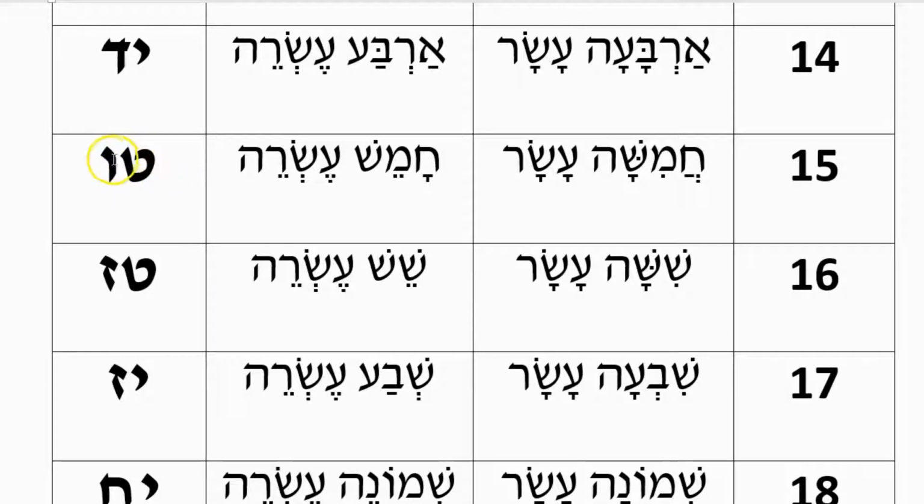Yud 10, Hey 5, that would be 15. However, the Yud and Hey are an independent name of God itself, but they're also part of the Tetragrammaton, the four-letter name of God, the special name of God in the Hebrew Bible, which is spelled Yud, Hey, Vav, Hey.